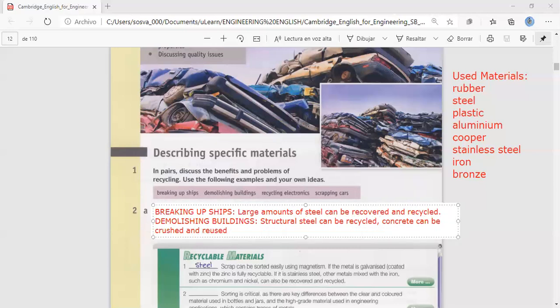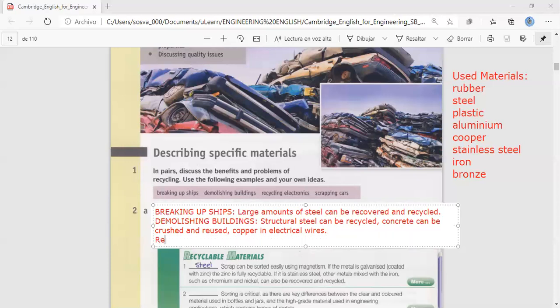You can use it again, but first you need to crush it a lot. For example, you can still use the concrete for asphalt, for road surfacing. You can also recycle the copper from the electrical wires of the building. There are a lot of things that you can do to recycle, of course.